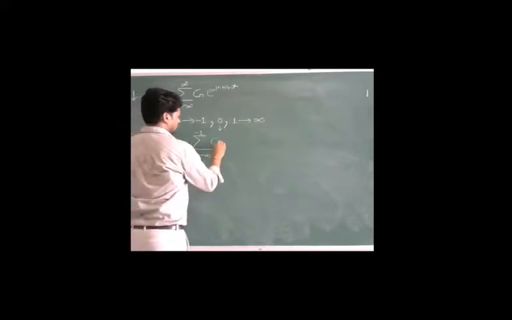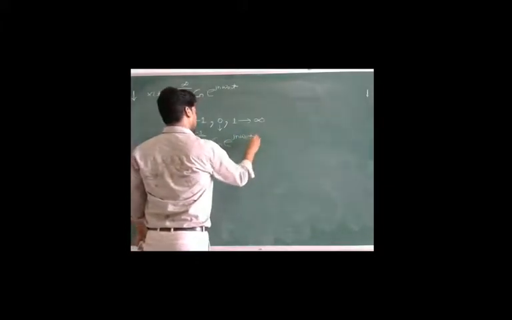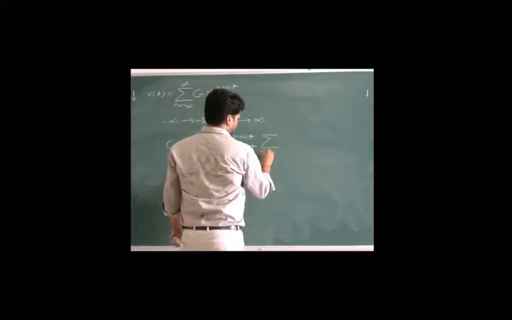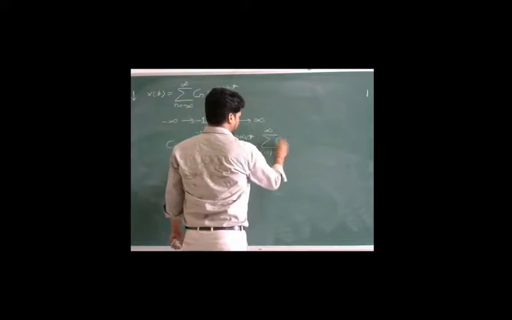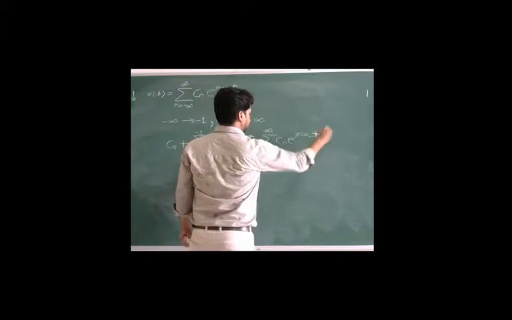When we put n equal to 0, we get C naught, plus the sum with n from minus infinity to minus 1 of Cn e to the power j n omega naught t, plus the sum with n from 1 to infinity of Cn e to the power j n omega naught t.